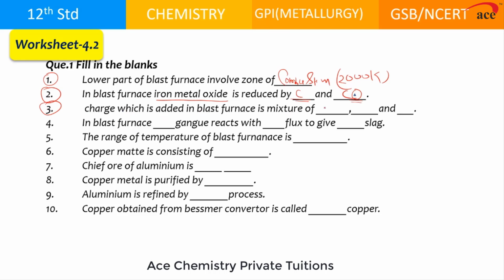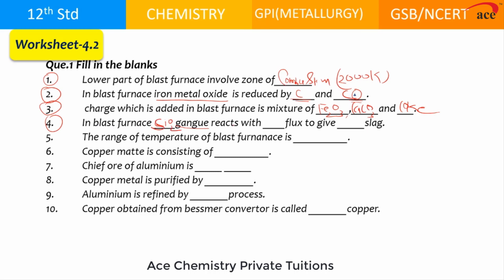The charge is a mixture of Fe2O3, the metal compound, calcium carbonate and coke. In the blast furnace, the gangue is silica.